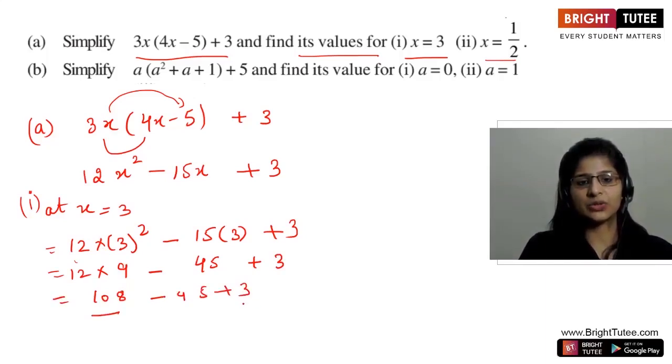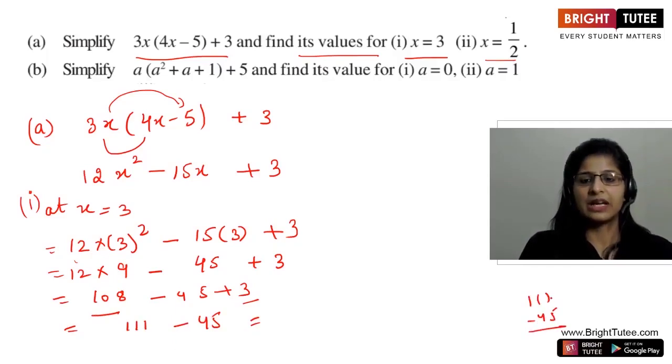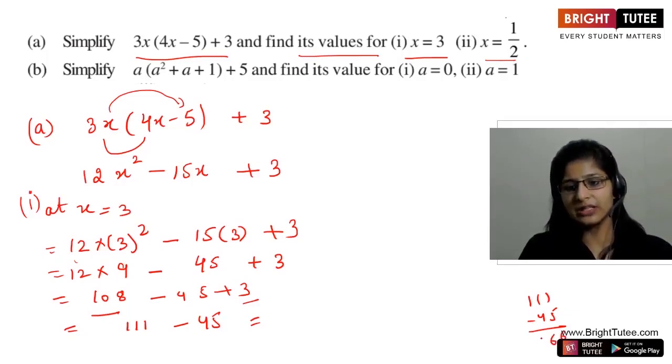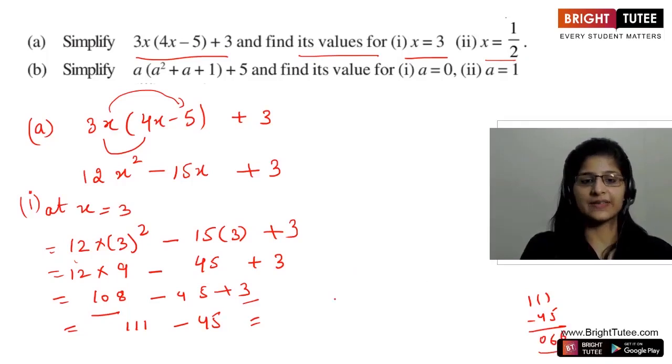So let us add the positive terms. 108 and 3 we get 111 minus 45. So from 111 you subtract 45. 11 minus 5 is 6. 10 minus 4 is 6. And here we get 0. So 66 we get. Is that clear? So this is how we solve.